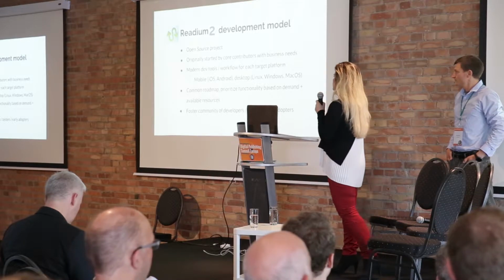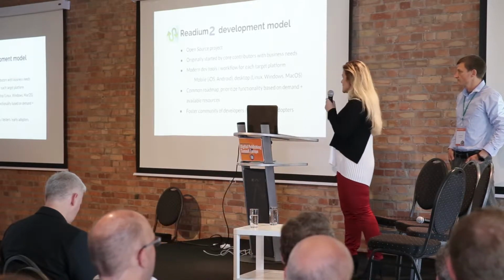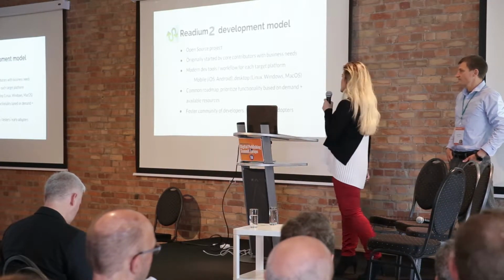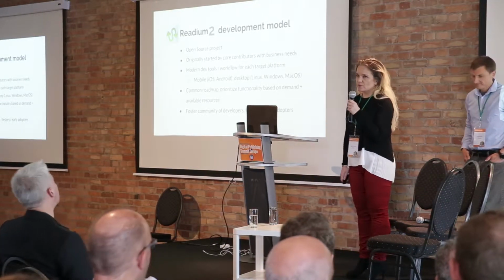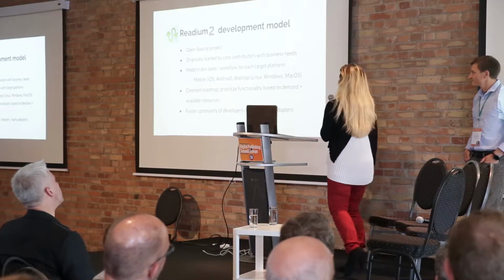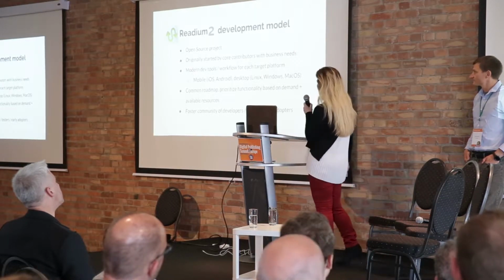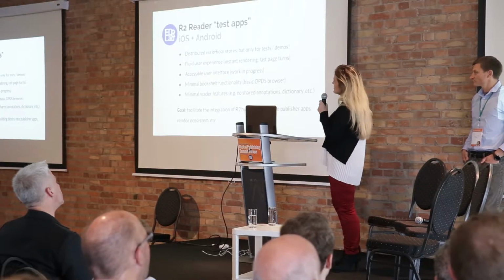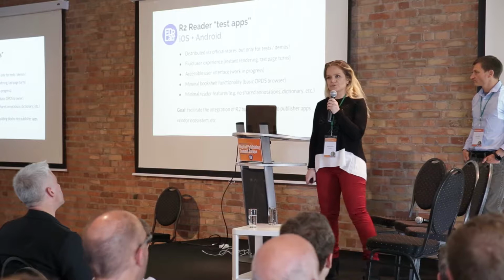So now, what's important is we aim to foster a community of developers, testers, and also early adopters. What does it mean to foster a community of developers, testers, and early adopters? We get now to see the R2 readers.